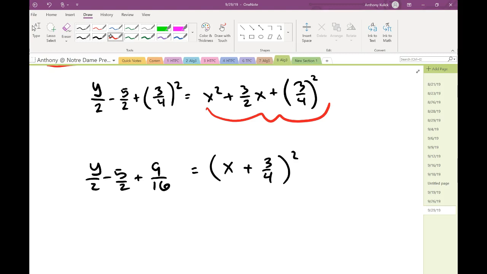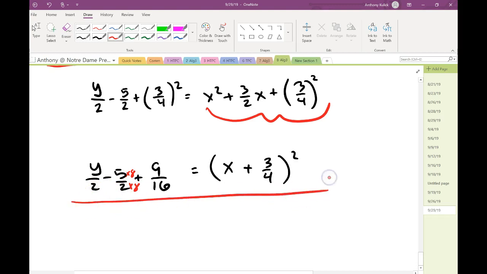To make 5 over 2 have a denominator of 16, what do I need to do? Yeah, multiply by 8 over 8. So when I do that, I get negative 40 over 16, and negative 40 plus 9 is negative 31, and then it's still all over 16.